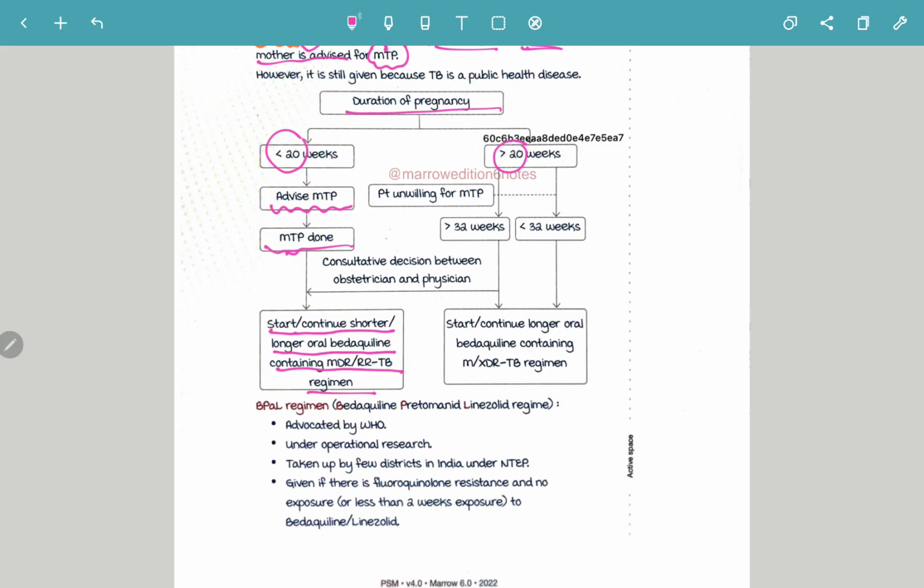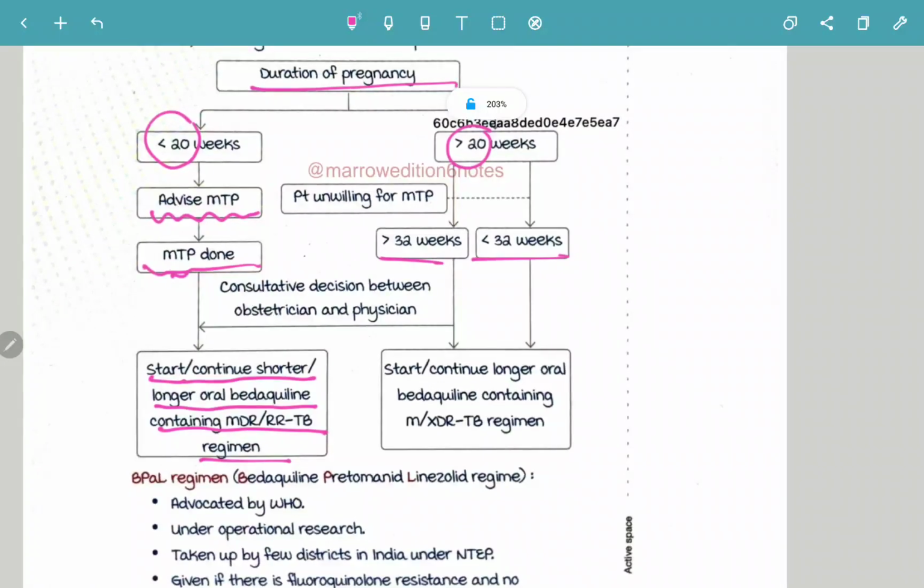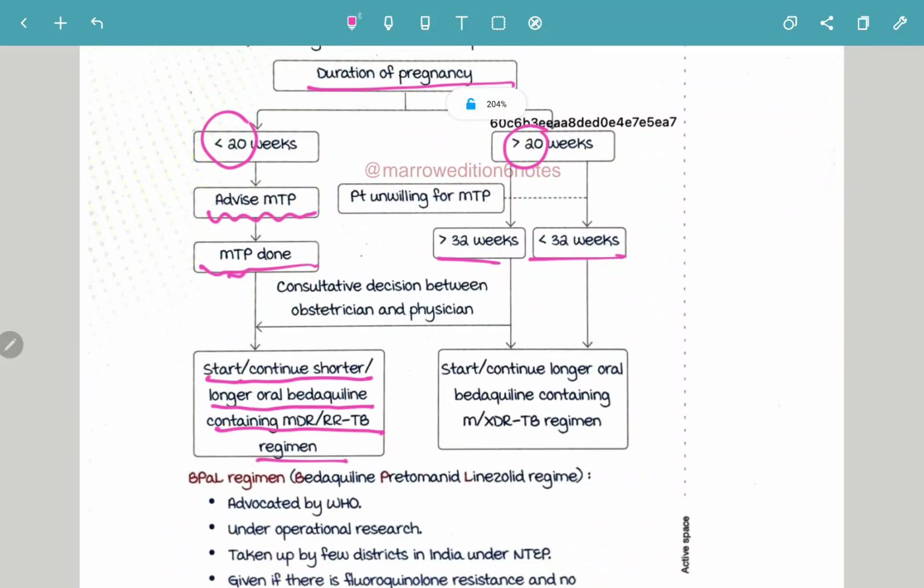Now, if the duration is more than 20 weeks, it has crossed 20 weeks, you need to see if the patient is unwilling for medical termination of pregnancy. If the patient is unwilling for MTP, you need to look if the duration is more than 32 weeks or less than 32 weeks. If the duration is more than 32 weeks, what will you do?